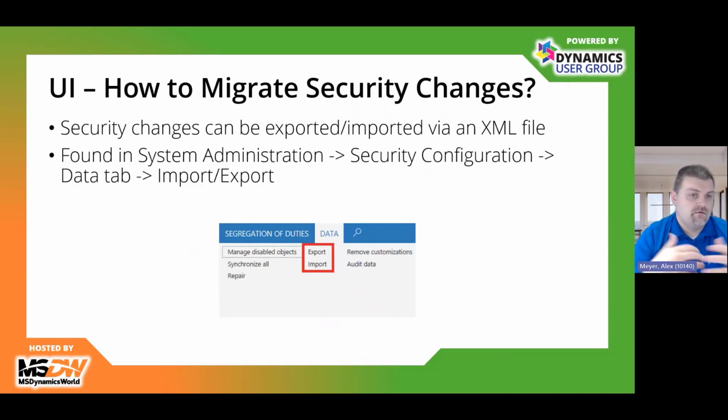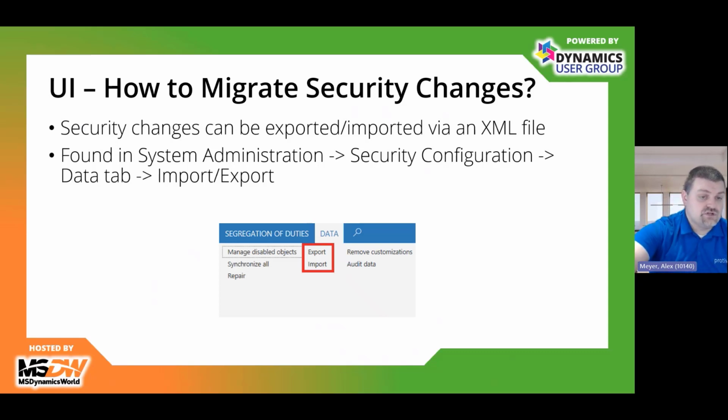So we were just talking about how you want to actually migrate security, and what processes actually exist for that. One of the options you have is within that security configuration area, in the upper action bar, there's a data tab. If you click on that data tab, you'll see that there's an import and export functionality here. This import and export functionality goes out and looks to see all the changes you made in the user interface.